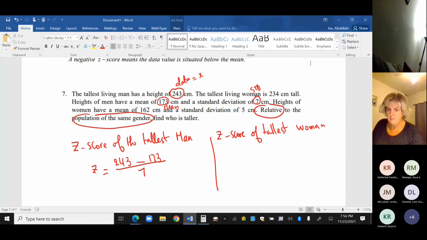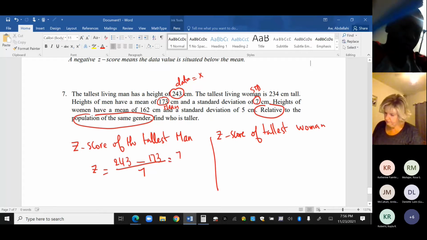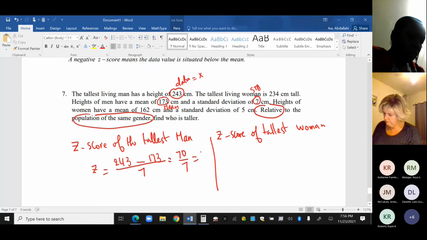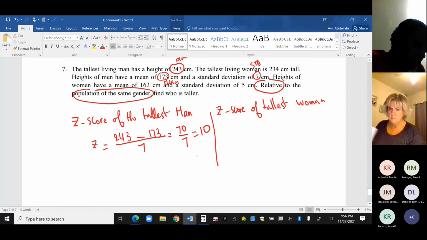Now 243 minus 173 is 70, divided by 7 is 10. Which means the tallest man is 10 standard deviations above the mean, okay?